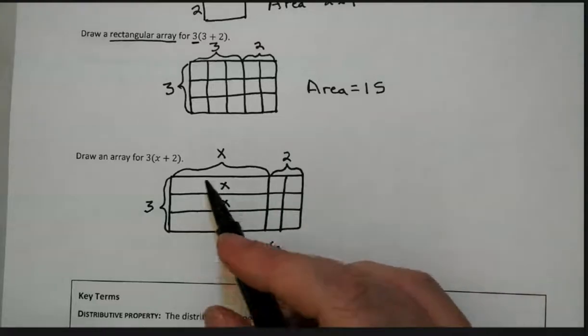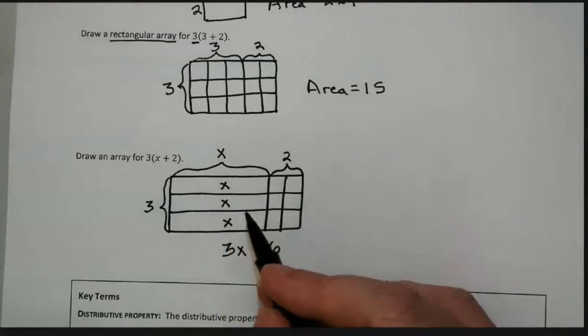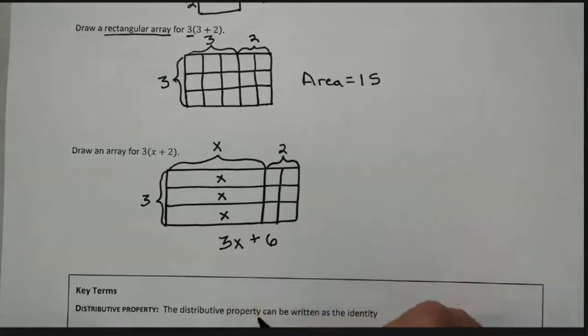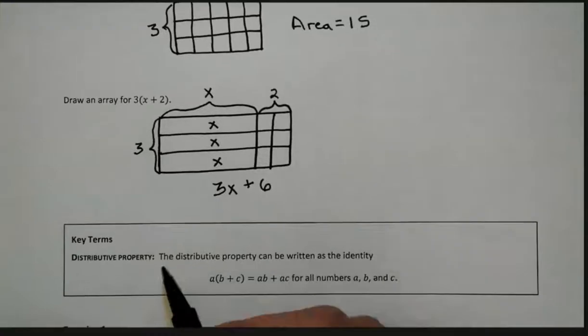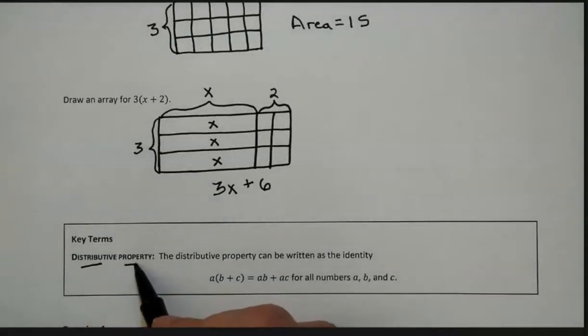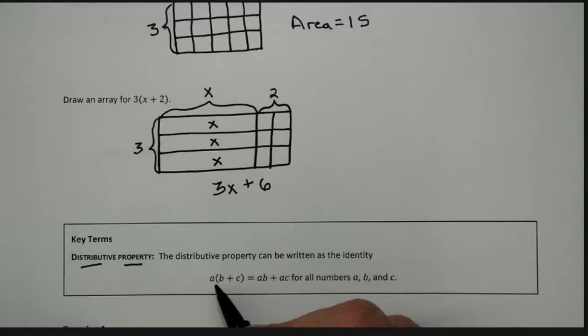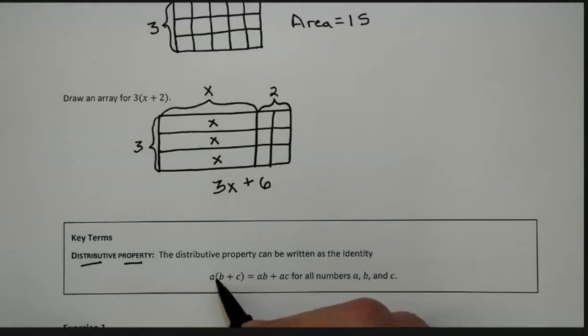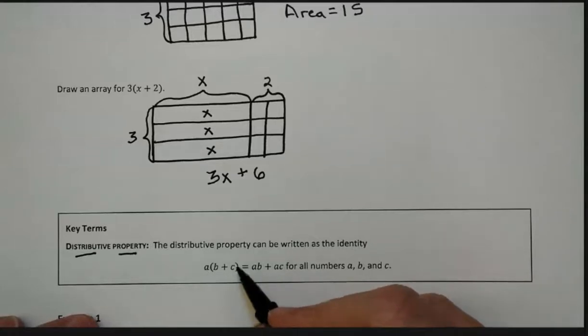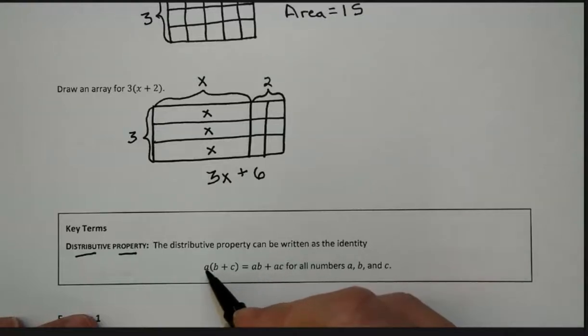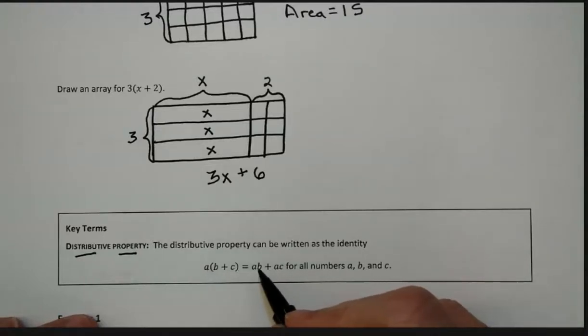And what we just represented with this array here is the distributive property. And we worked on this quite a bit this last week, studying and reviewing our memory on the distributive property. The distributive property says that when we have any expression in this format, where we have one number being multiplied by the sum of 2 other numbers, that we could rewrite it as an equivalent expression that's that one number multiplied by the first number in our parenthesis, plus the one number on the outside, multiplied by the second number in the parenthesis.